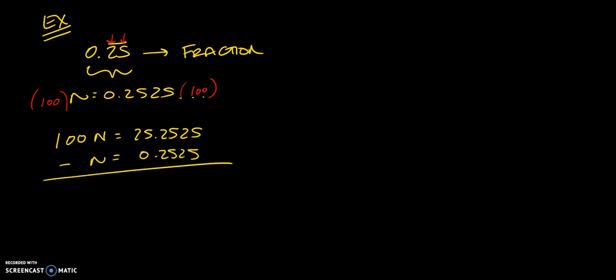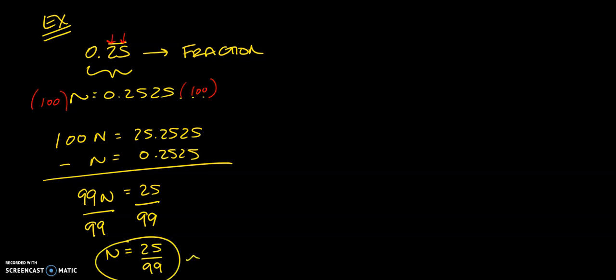All right, and so 100n minus n is now 99n, and that's going to be equal to 25. I'm going to follow my golden rule of algebra, and I don't know why I wrote 25 there. I'm going to divide both sides by 99. So n is going to be equal to 25 over 99.